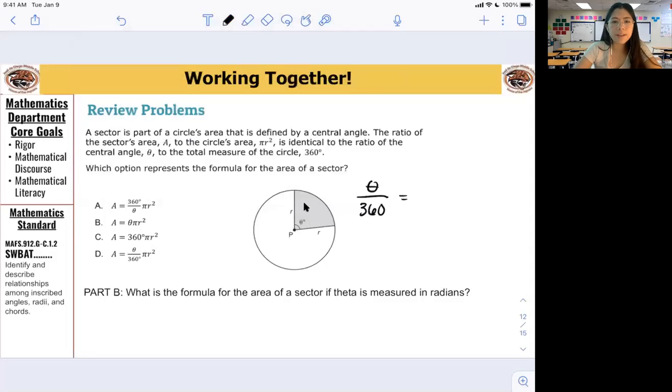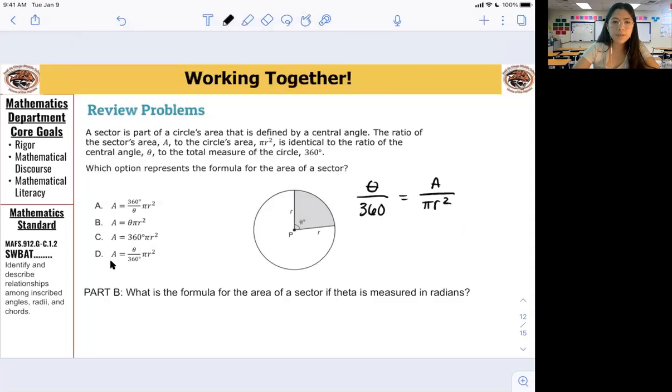And on the other side of that, since I'm looking for the area of the sector, we're going to call that A. What goes underneath in this section over here? Pi r squared, because the area of the sector, remember, it's part over whole. Okay, so the small angle over the whole circle is going to be equal to the small area over the whole area. And we know that the area of a circle is pi r squared.